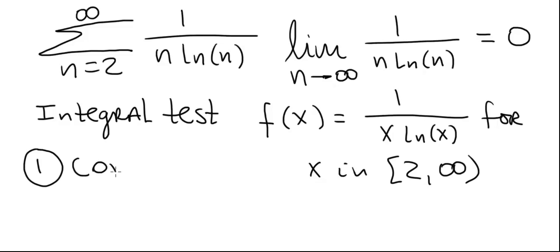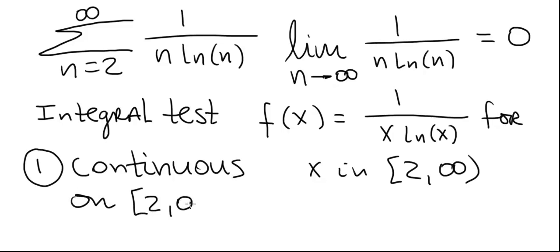The first condition is that the function must be continuous on the interval 2 to infinity. When we look at this function we see that first it's only defined for positive values of x, and it is undefined at 1 because 1 will make the denominator 0, and it's defined and continuous at every other value of x. Since 1 is not in this interval, we conclude that the function is continuous on this interval.